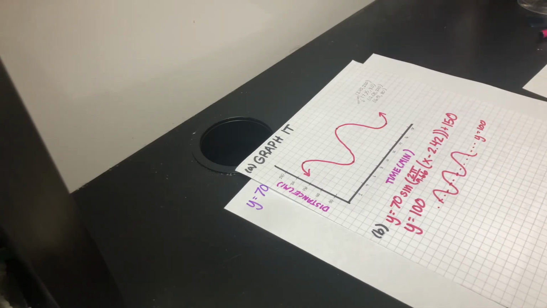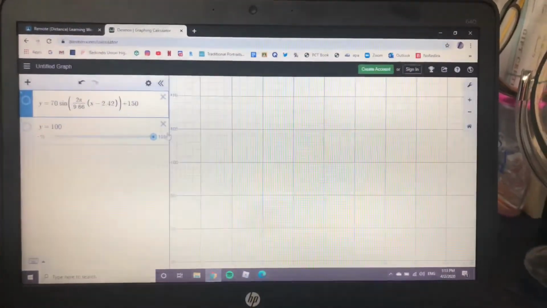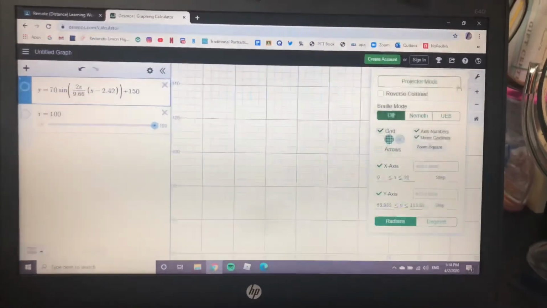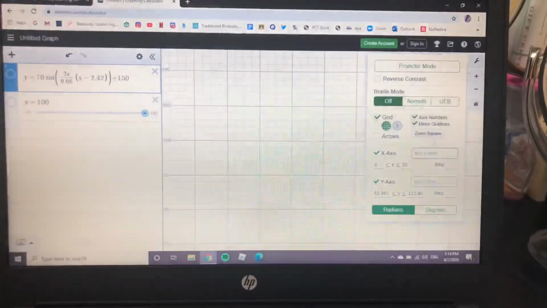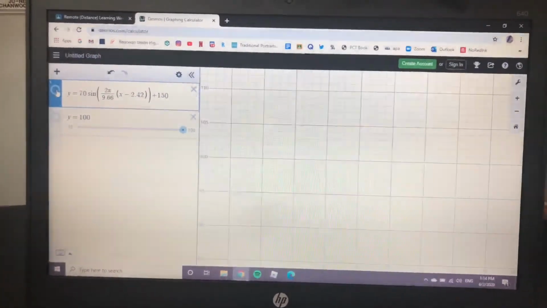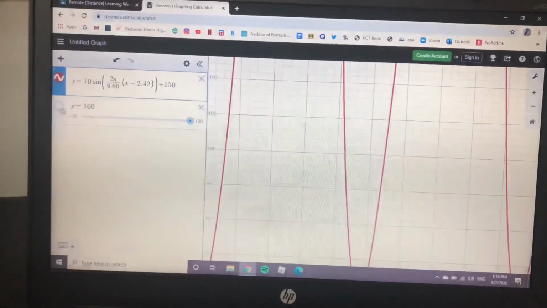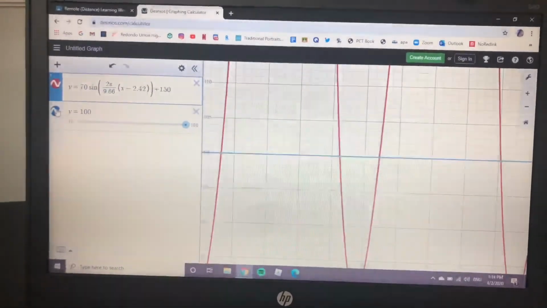So I'll be graphing this on Desmos and I'll be showing you. Before I started graphing these equations, I set up my window for the x-axis from 0 to 20, so then it would be easier for me to see when it intersects. So then we start graphing the equation that we found here. And then we also graph y equals 100 to find out where it intersects.